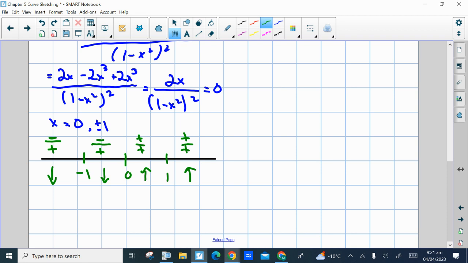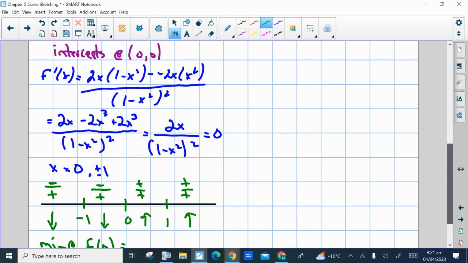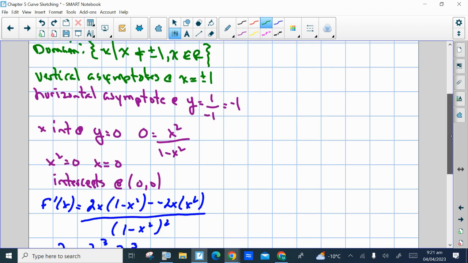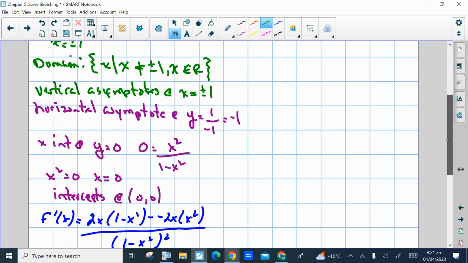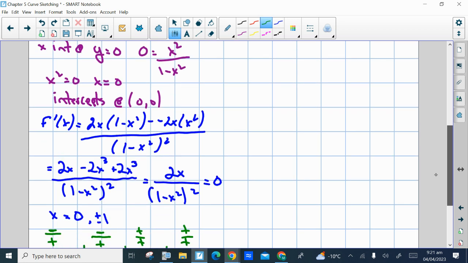So the only place we're going to have a max or a min is at 0, and that will be a minimum. But we already know at x equals 0, because that's what we use to find our y-intercept, that's 0, 0.